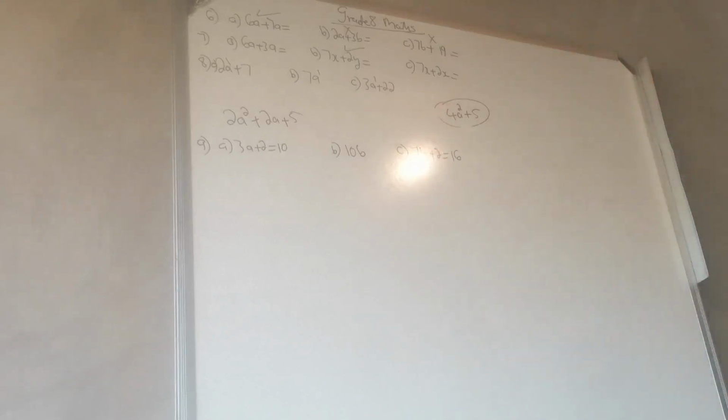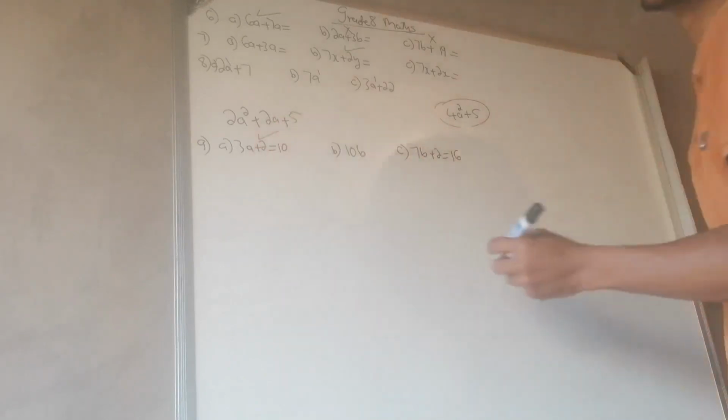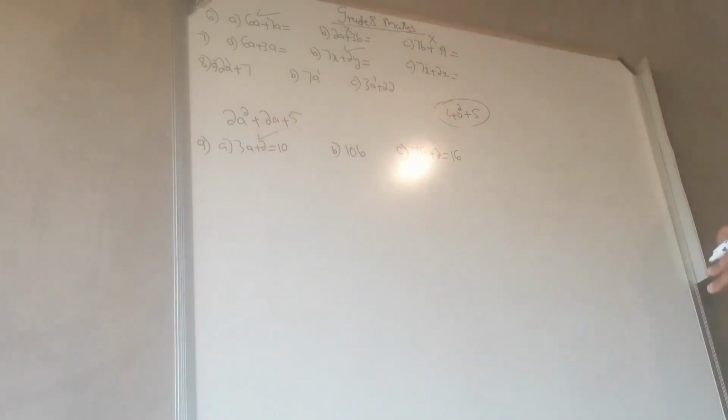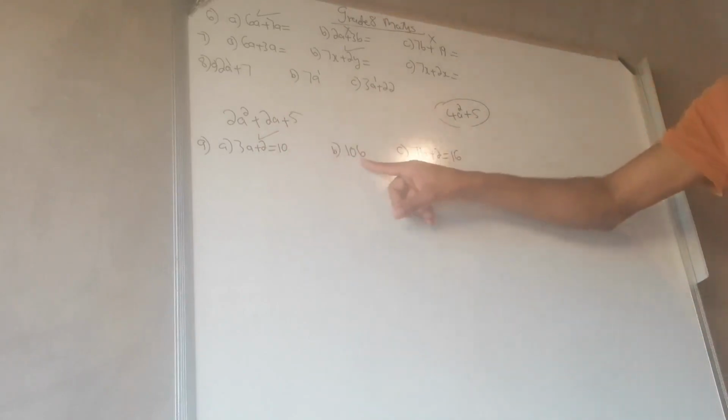When I circle the algebraic equation, you are an algebraic equation if you have an equal sign. Here, this equates to that. You are an algebraic expression because you don't have an equal sign.